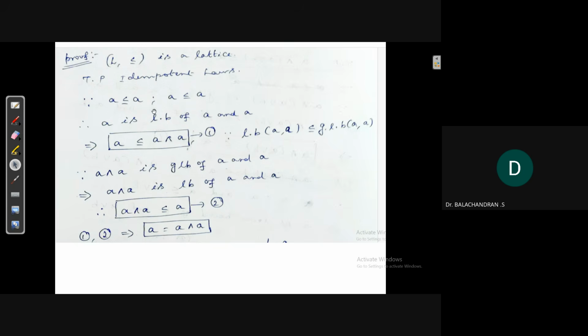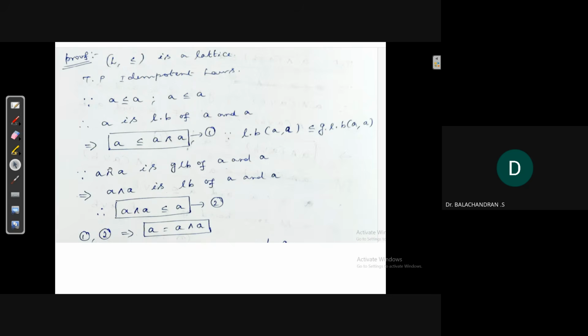This left side A is a lower bound of the right side A, this A and this A. Again, here we are discussing the greatest lower bound. The greatest lower bound of A, A is A, so I am writing A is less than or equal to, by notation, the greatest lower bound of A, A, which is A and A.